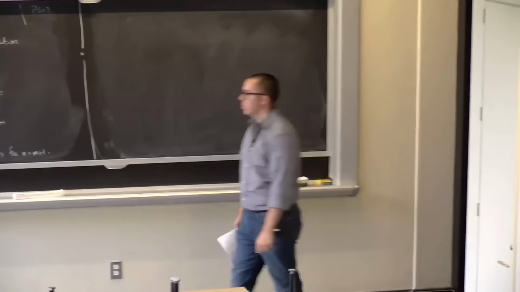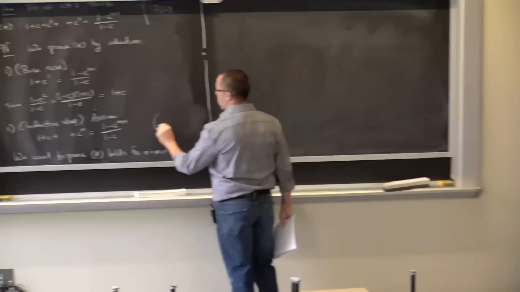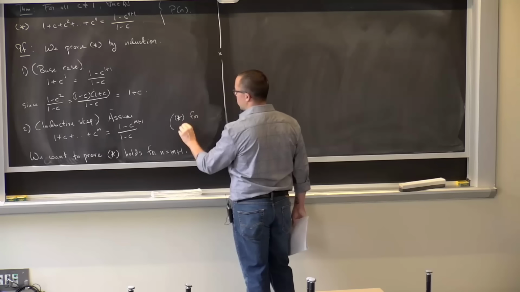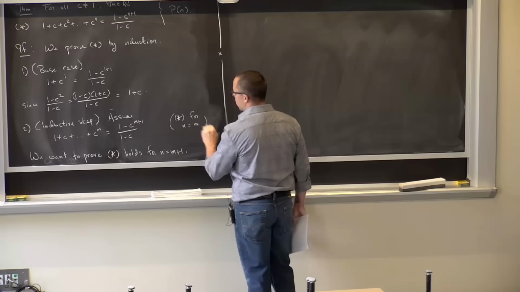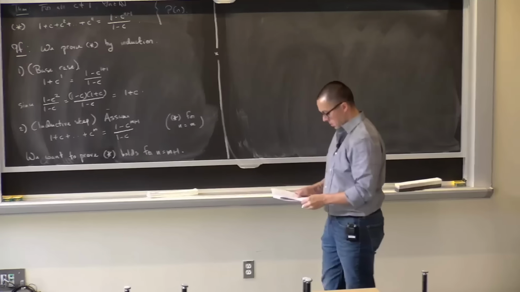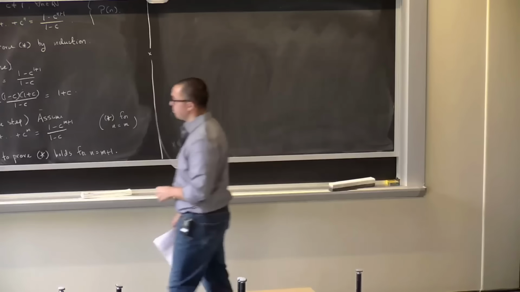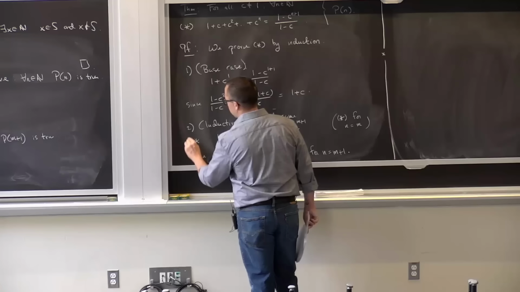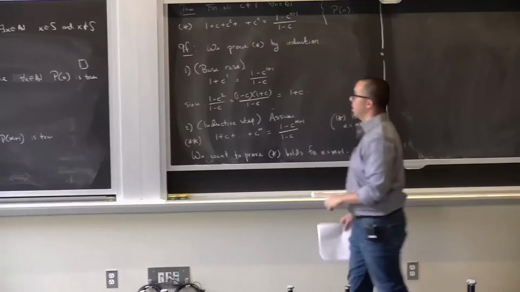Okay? So, again, this is what I wrote here. This is basically star for n equals m. And let me call this second equality 2 star.